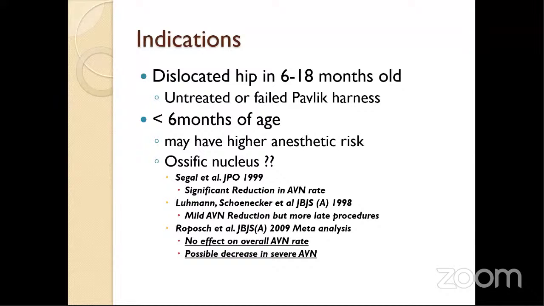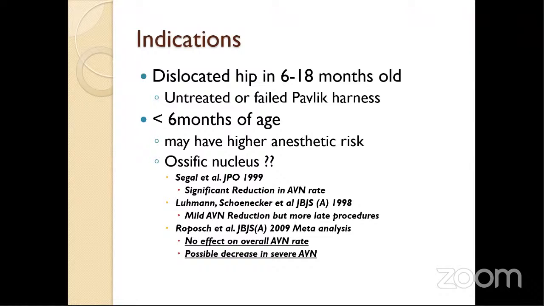A dislocated hip between 6 months to about 18 months of age, which is untreated or has tried a Pavlik harness and has failed to get reduced or is unstable. Less than 6 months may have a higher risk for anesthesia.